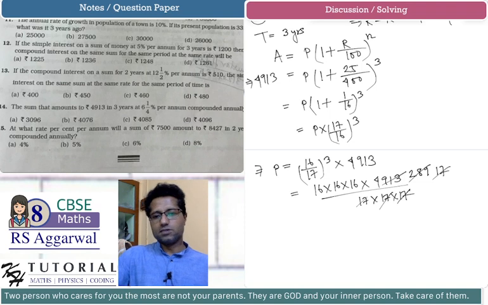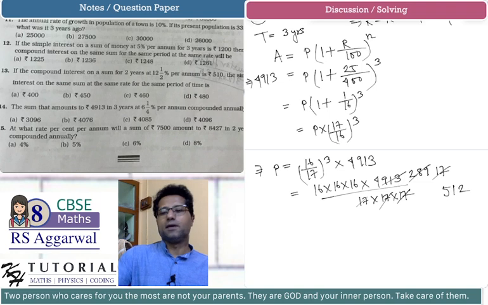So this is equal to 16 cube. 16 cube is 8 cube multiplied by 2 cube. 8 cube is 512, so 512 multiplied by 8 is 4096.